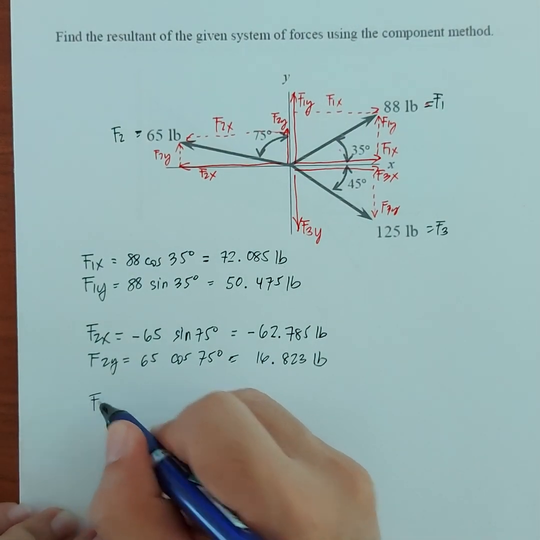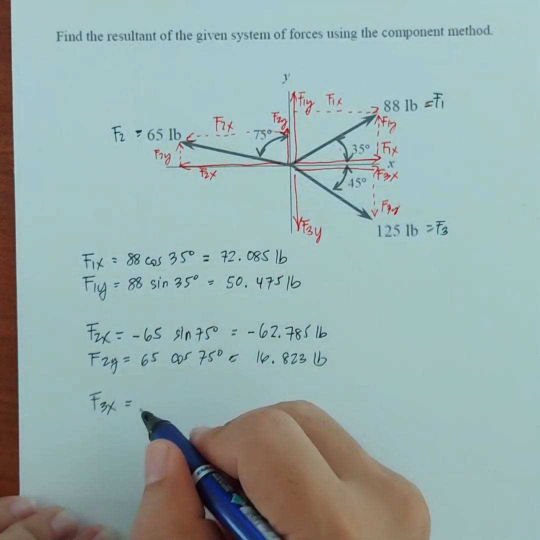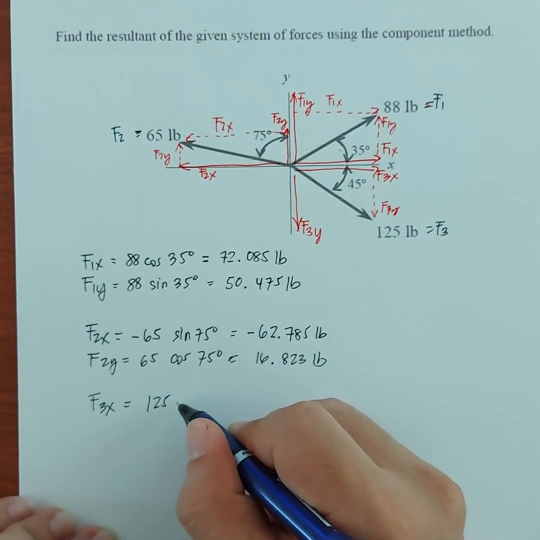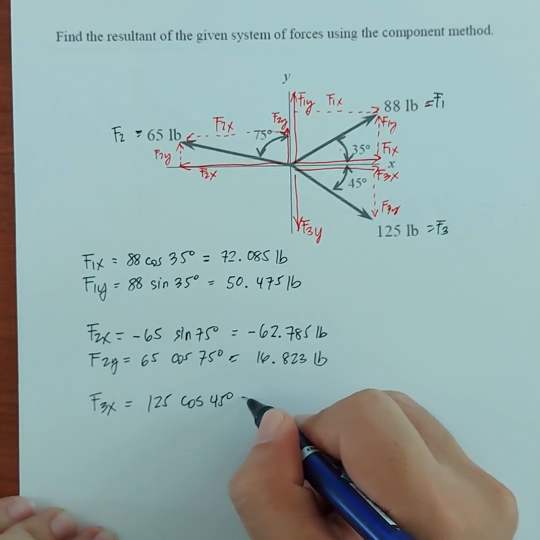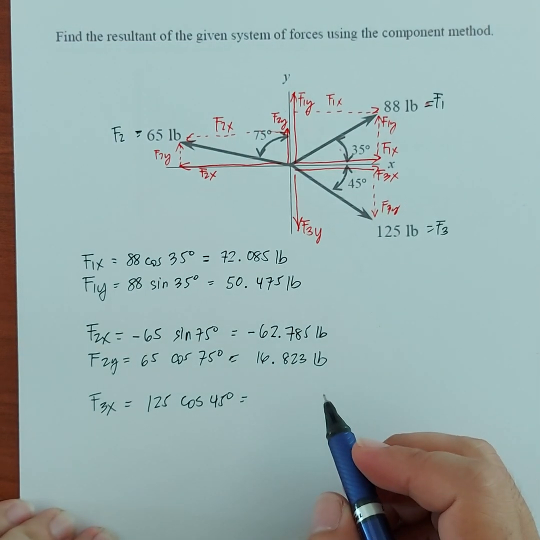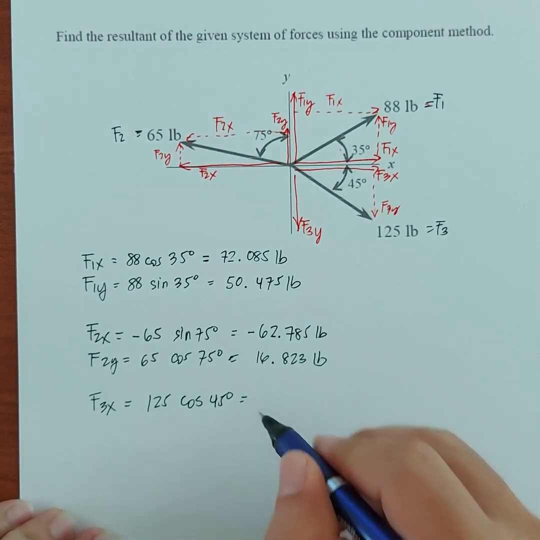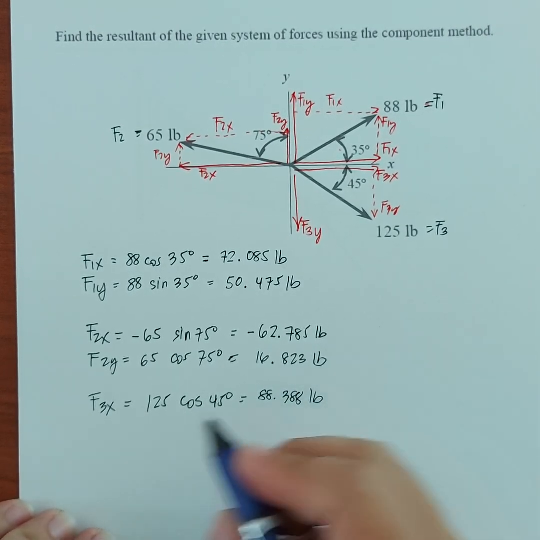And then F3x is equal to adjacent side. So we have 125 cosine of 45 degrees. That is equal to 88.388 pounds.